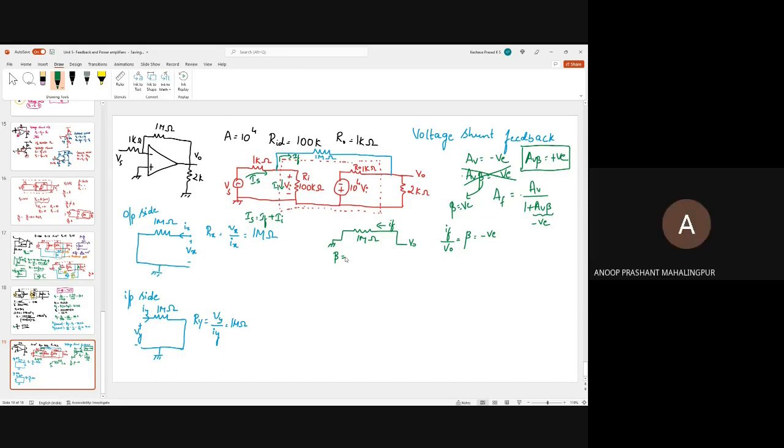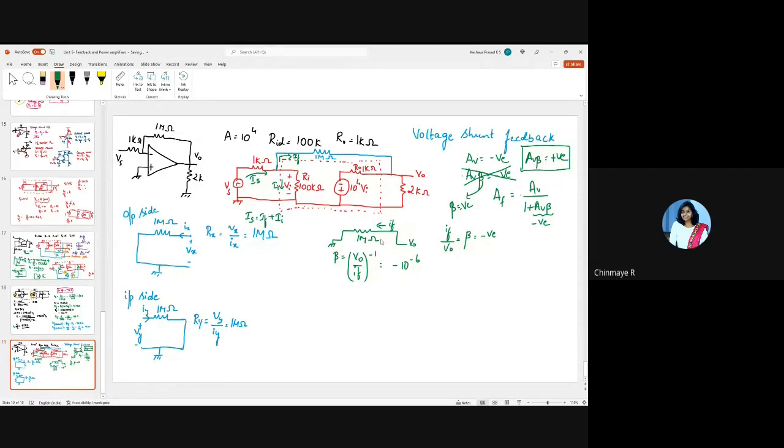It's 10 power minus 6, ma'am. Minus 10 power minus 6. Correct. So beta is V naught by IF inverse, which is minus 10 power minus 6, 1 by 1 mega. Right? Why the minus sign? Because we know the two currents are in the opposite direction.